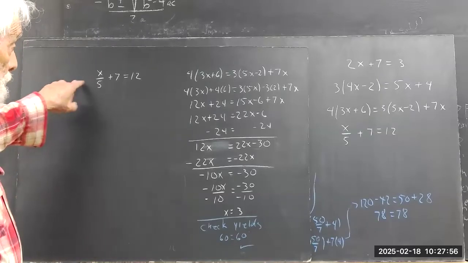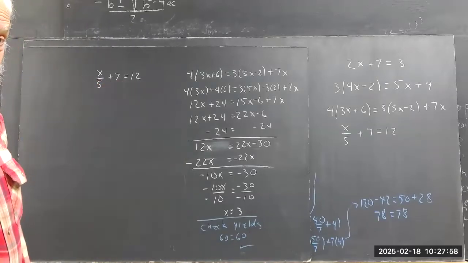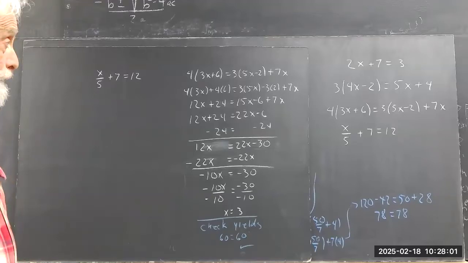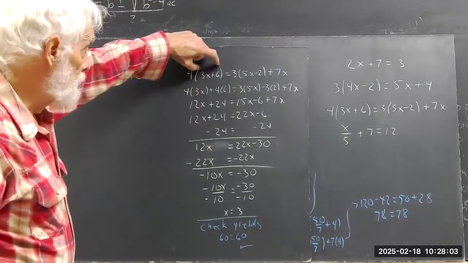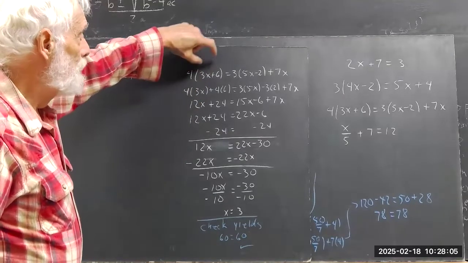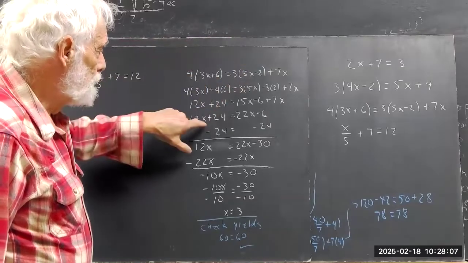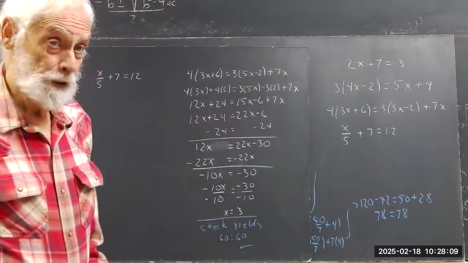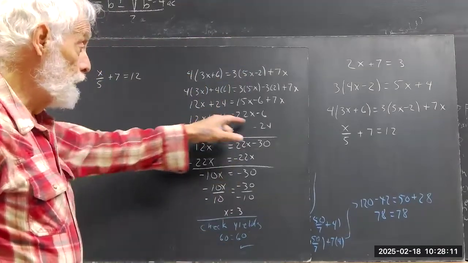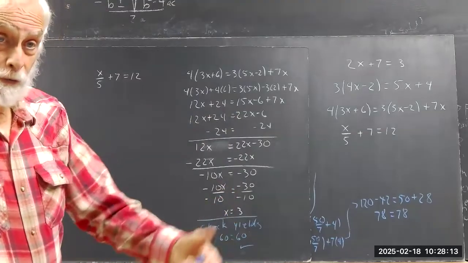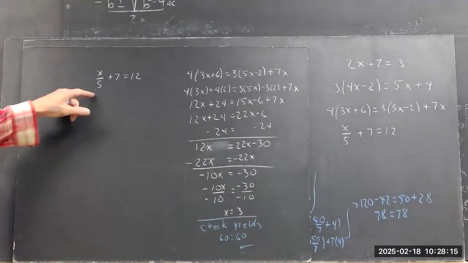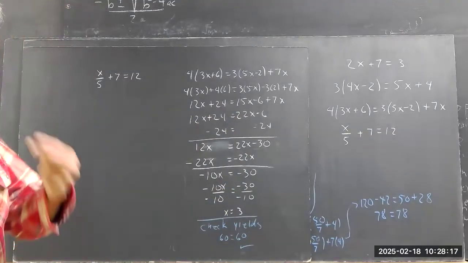Where if you see a denominator in an equation, and not necessarily a denominator inside a set of parentheses, or two fractions, you multiply both sides by the common denominator.